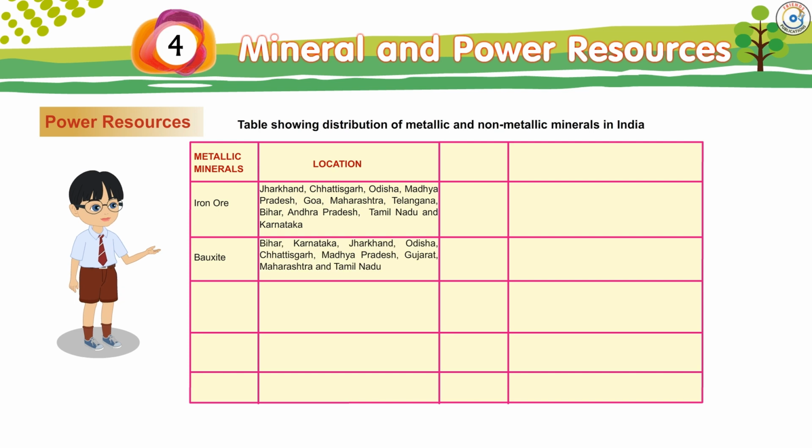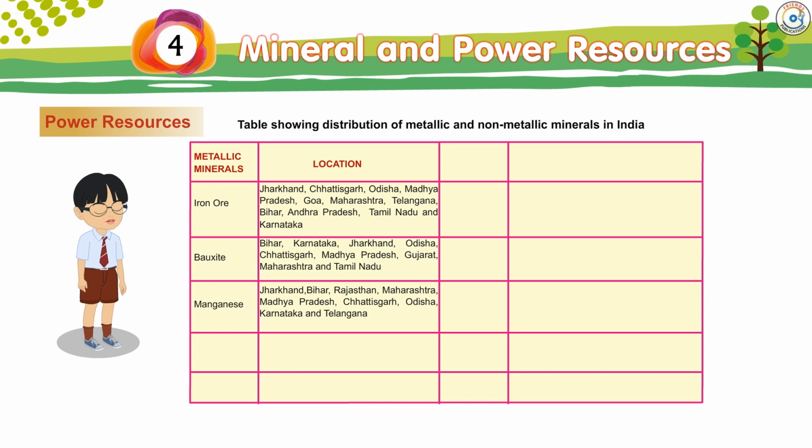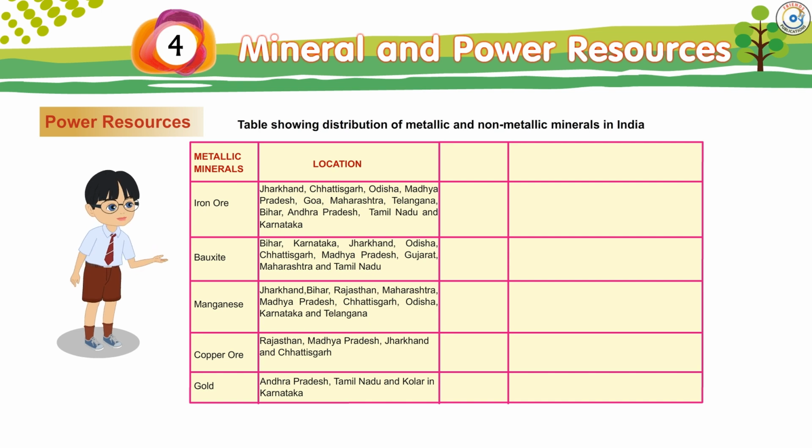Bauxite: Bihar, Karnataka, Jharkhand, Odisha, Chhattisgarh, Madhya Pradesh, Gujarat, Maharashtra and Tamil Nadu. Manganese: Jharkhand, Bihar, Rajasthan, Maharashtra, Madhya Pradesh, Chhattisgarh, Odisha, Karnataka and Telangana. Copper ore: Rajasthan, Madhya Pradesh, Jharkhand and Chhattisgarh. Gold: Andhra Pradesh, Tamil Nadu and Kolar in Karnataka.